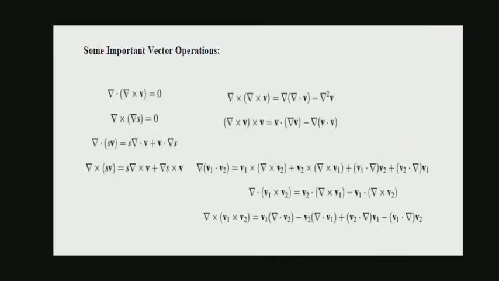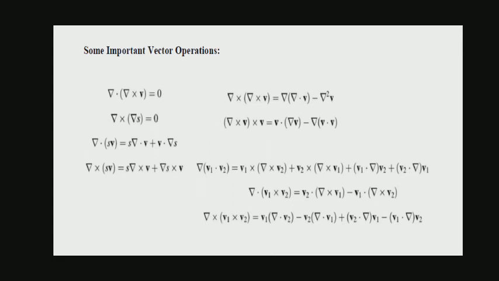Next, del cross v, here consider v is constant, v into del into v minus del is constant, v into v dot v. Next, del dot sv, that is s del dot v plus v dot del s. Next, del cross sv is equal to s del cross v plus del s cross v.